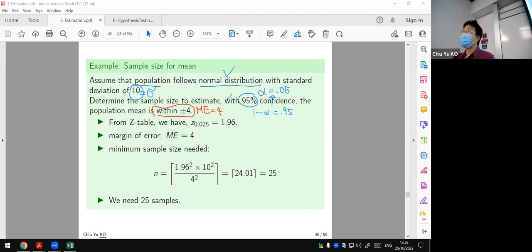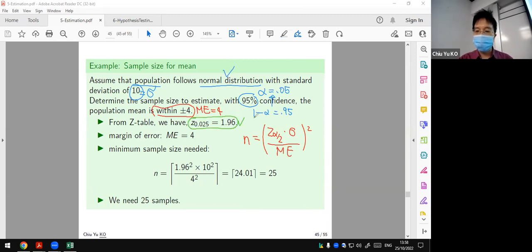First thing, we need to know the formula. If you check the last slide, it's n equals (z times sigma over ME) squared. We have done this a lot of times: z at 0.025 is 1.96.